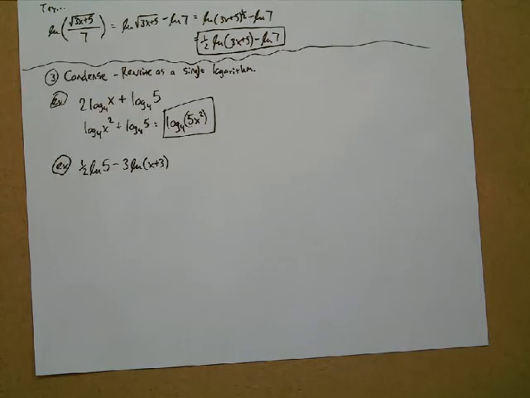Well, again, we have those coefficients, the 1/2 and the 3. So both of those we can put up into the exponents, right? So I'm going to make it natural log of 5 to the 1/2 minus the natural log of x plus 3 to the third there.